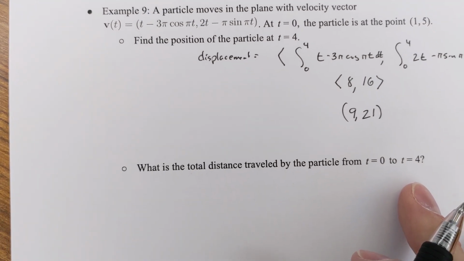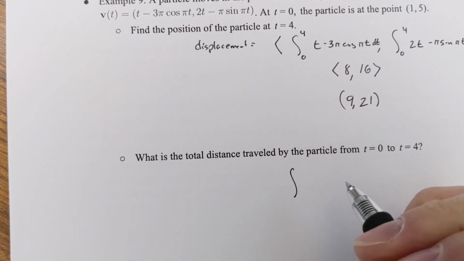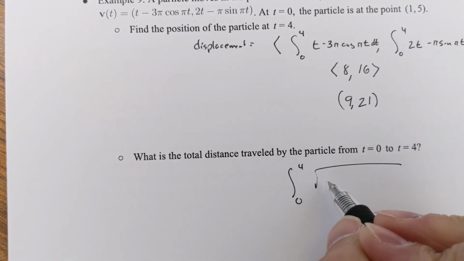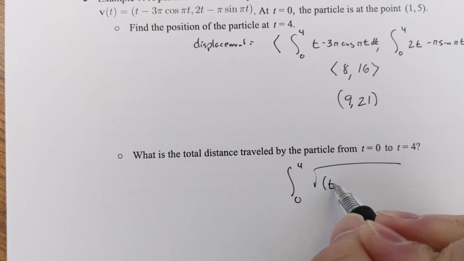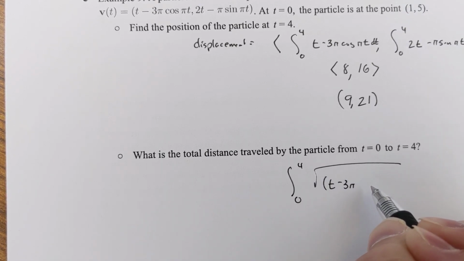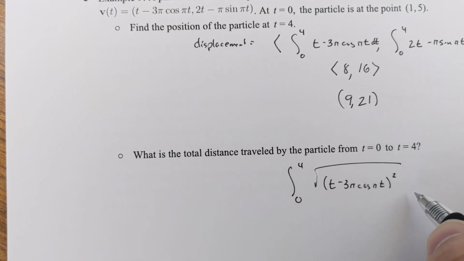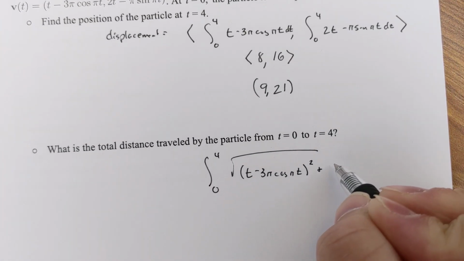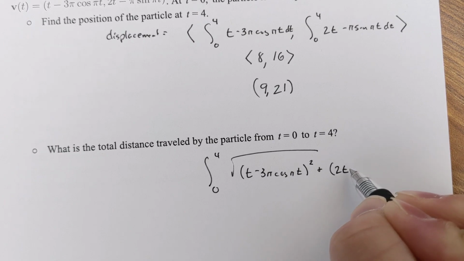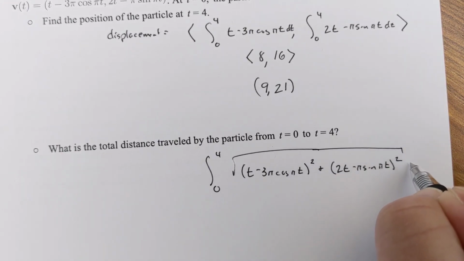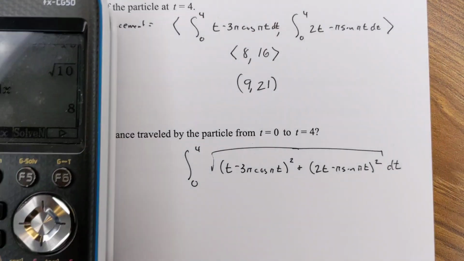Distance traveled is going to be from 0 to 4, the square root of t minus 3 pi cosine pi t squared plus the second component. So that formula.